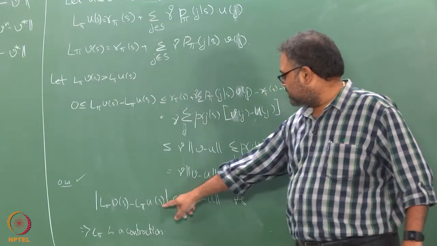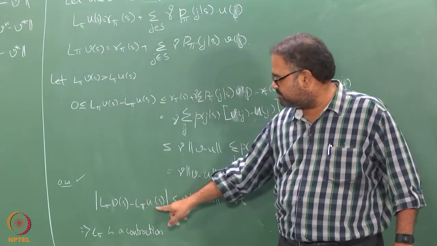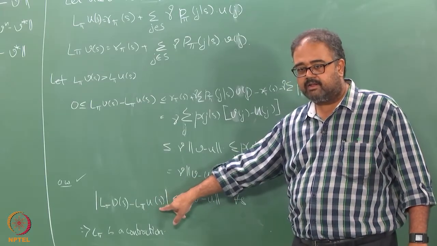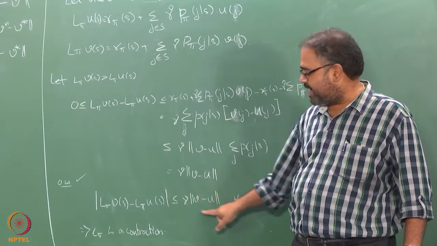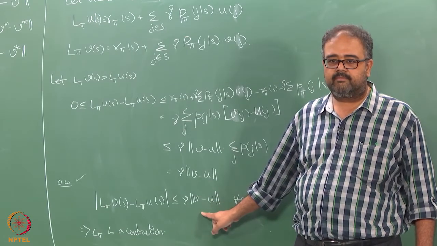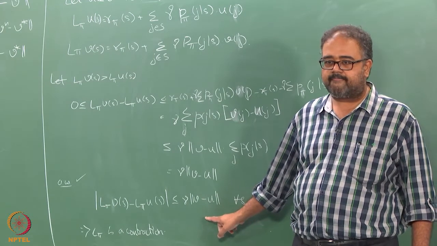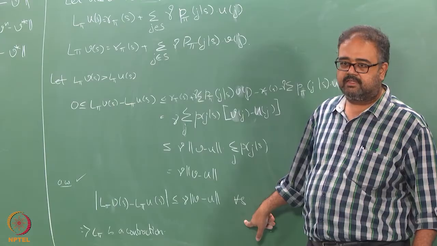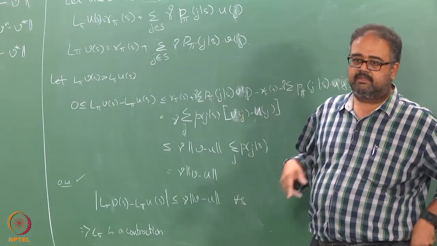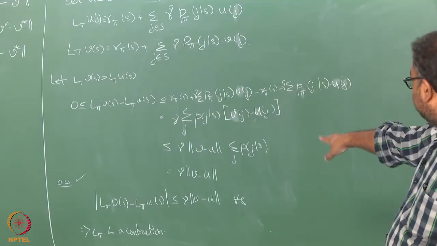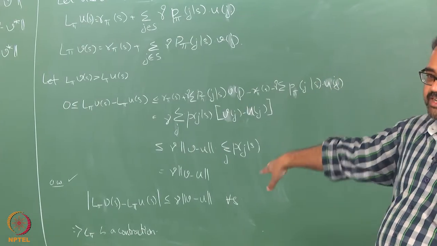I am saying that L pi V of s minus L pi U of s is closer than the max difference that you had in V minus U, and this holds for all states. The right hand side is the infinity norm, the left hand side is just an absolute value.